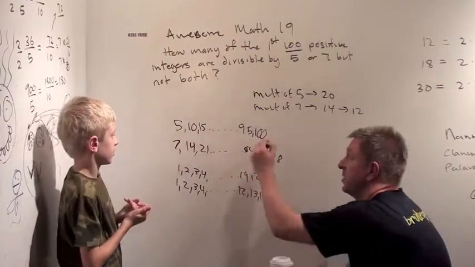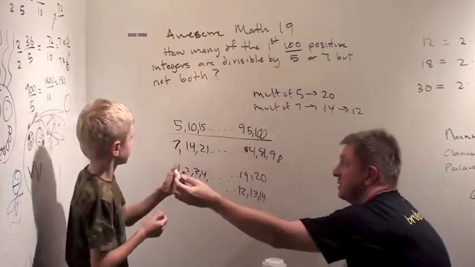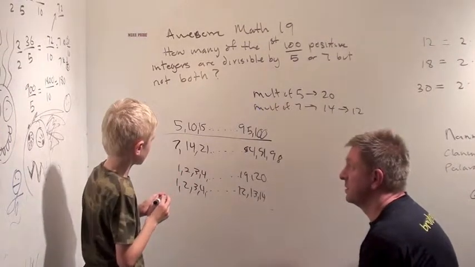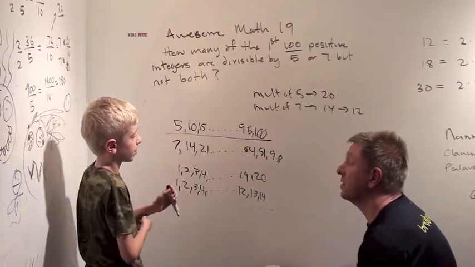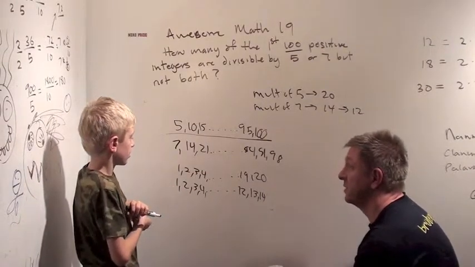Okay, here's your multiples of 5. 7 times 5 is 35.